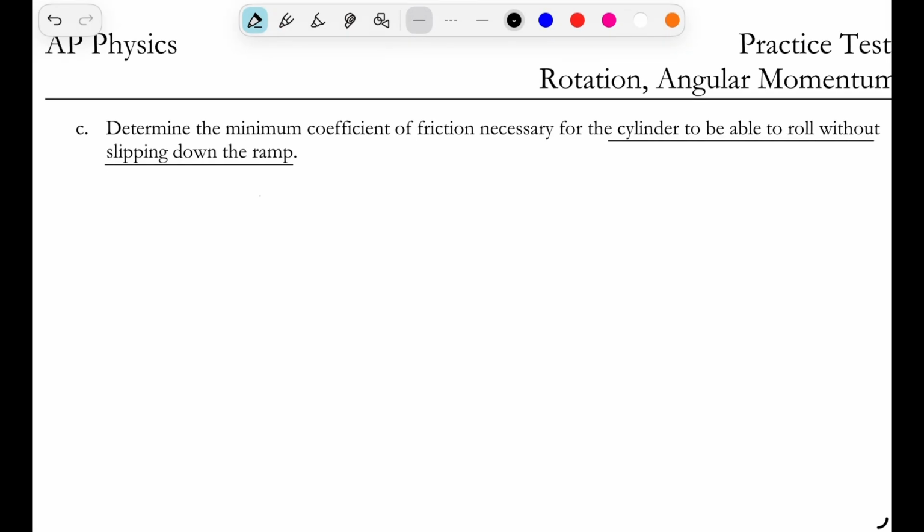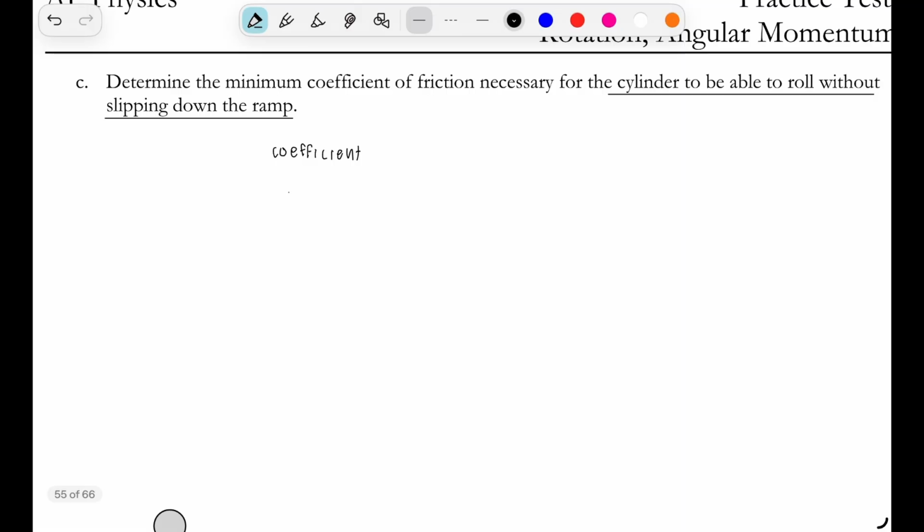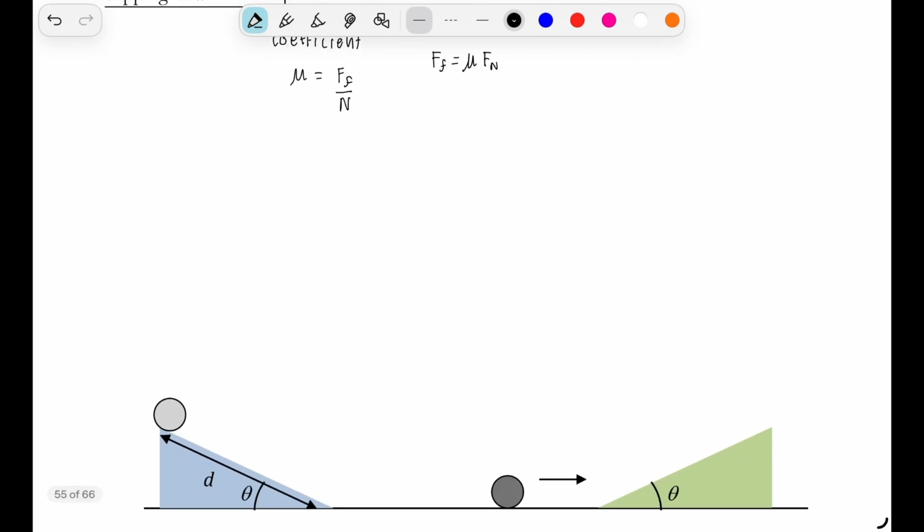First, you're going to use the definition of the coefficient. Because this is friction, you can use mu, and that's the coefficient of friction: F_f over N. We know this because F_f is equal to mu times N, your normal force. Now you can find the friction force.